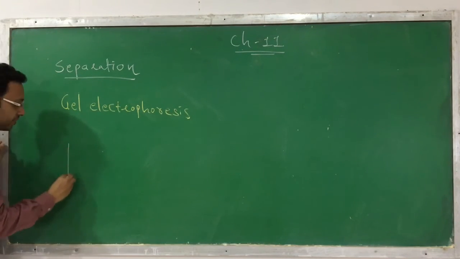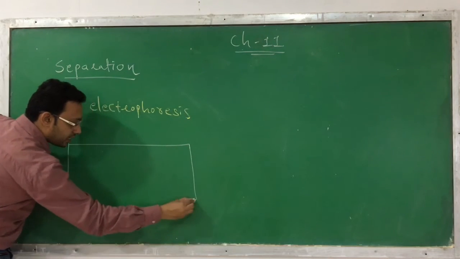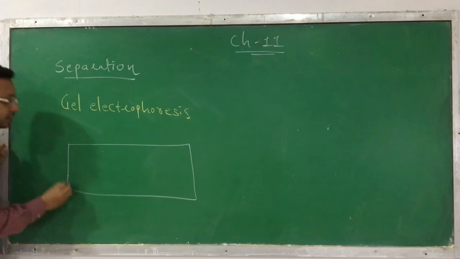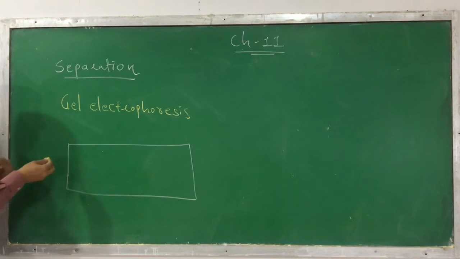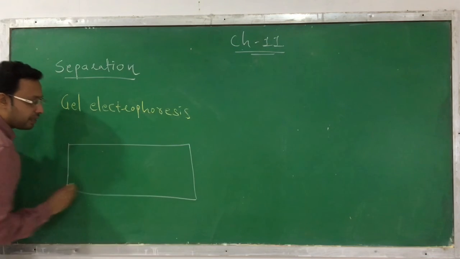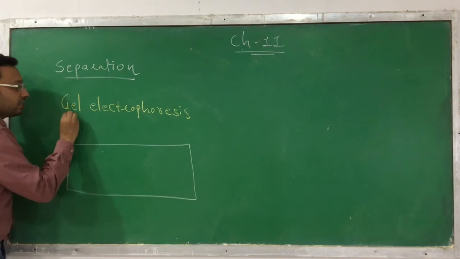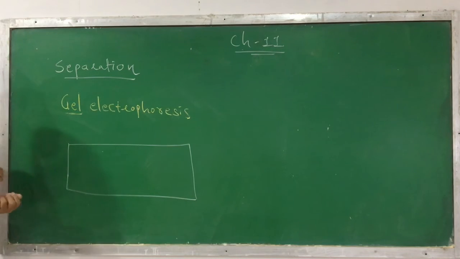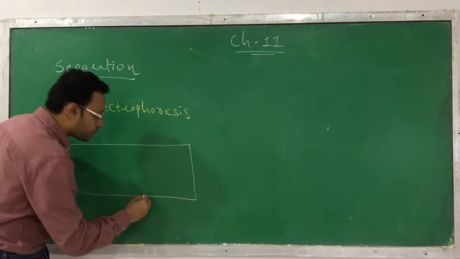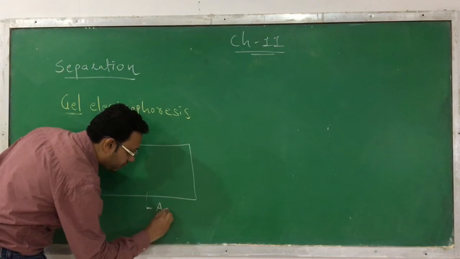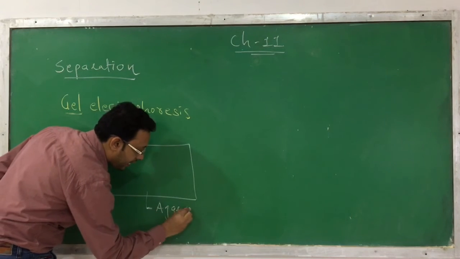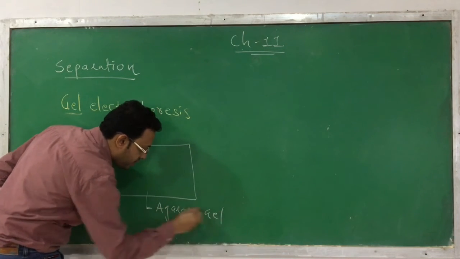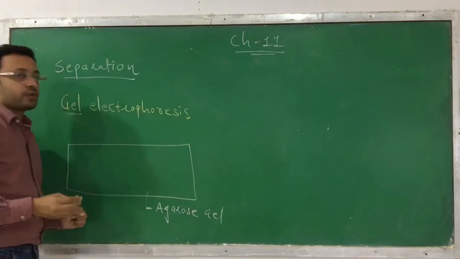In the gel electrophoresis technique, there is one stationary medium. Suppose that this is the stationary medium. Here a gel is acting as the stationary medium. Usually we use the agarose gel.